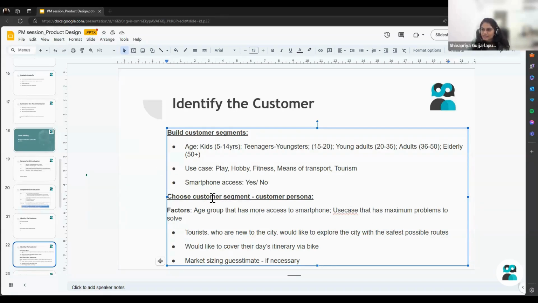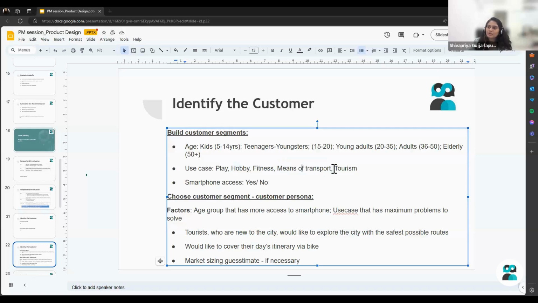In my objective judgment, players or hobby people who use it for hobbies or fitness do have a specific route they follow. Even for transport, folks who are environmentally friendly, or folks in the lower financial sector, as someone said on the chat, all of these people use it as a means of transport.